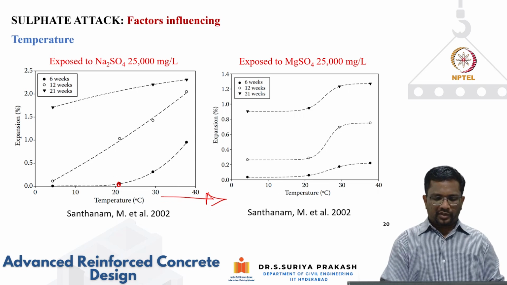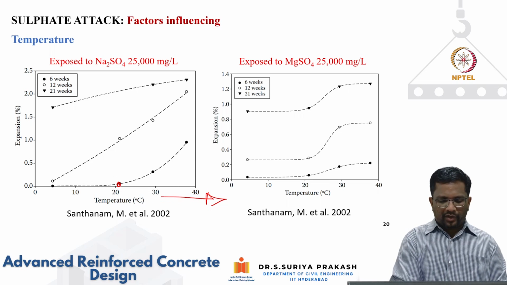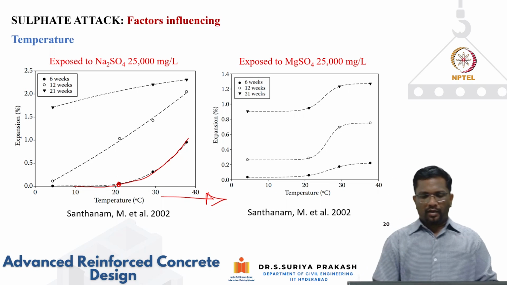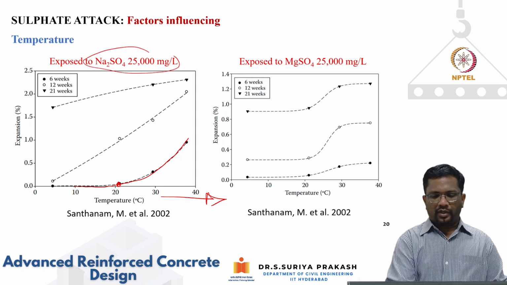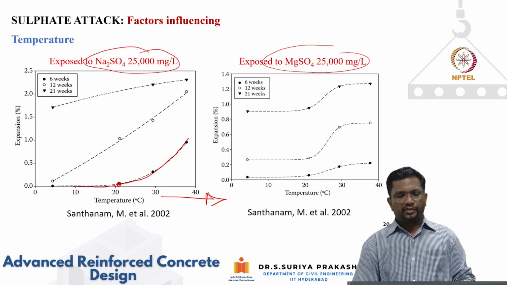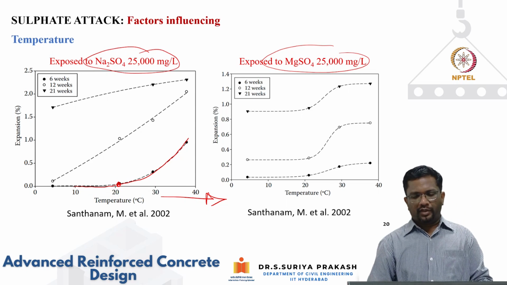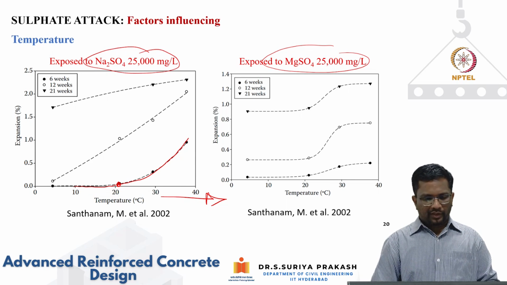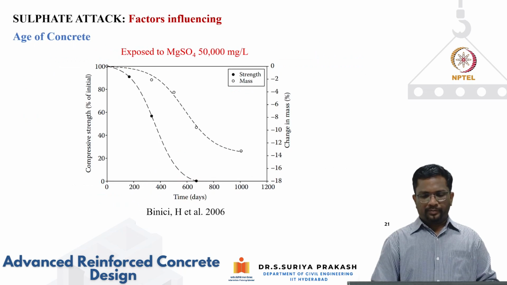Again, if you look at a particular age, for example at 6 weeks, the higher the temperature, the higher is the expansion, right? Similarly, this is for sodium sulfate and this is for magnesium sulfate. More or less, the expansion increases with increase in temperature, and expansion also increases with increase in age. So that is what previous researchers have found through their experiments.